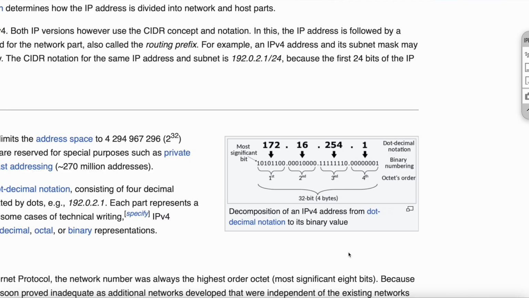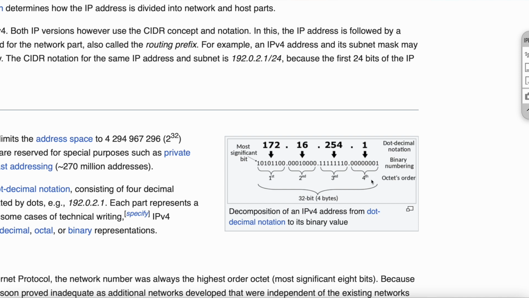And in order for us to understand why this is the case, you have to start reading more about IP addresses. And checking Wikipedia is always a great place to start. I'm scrolling down here to get an idea of what an IP address actually is.